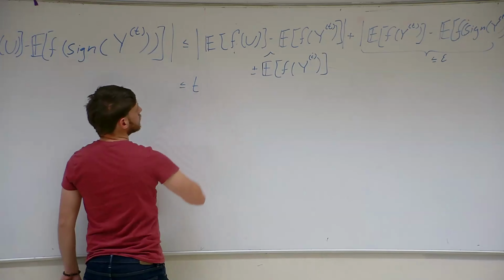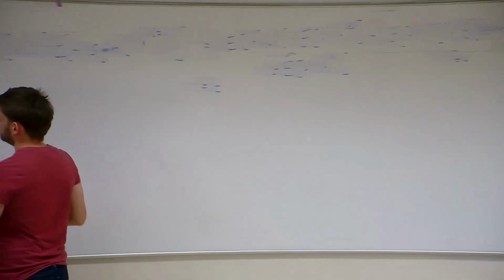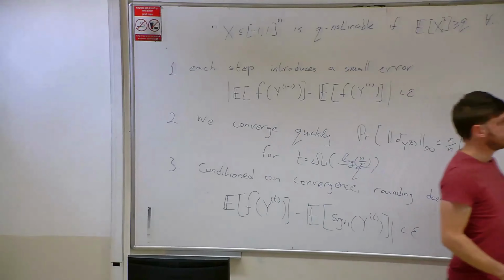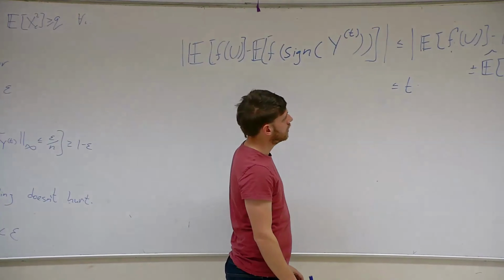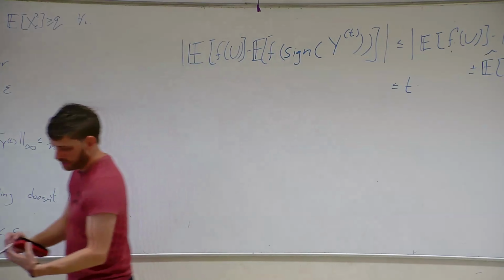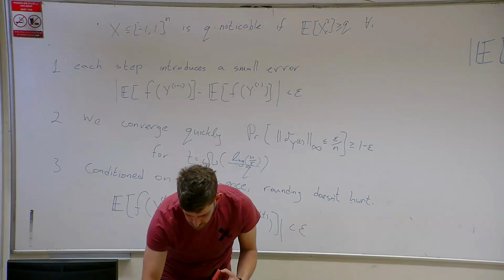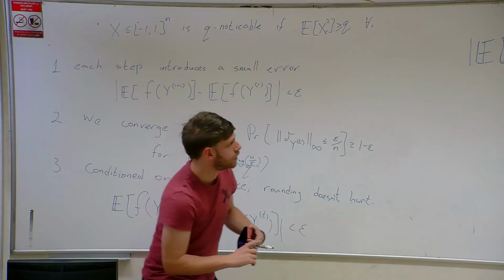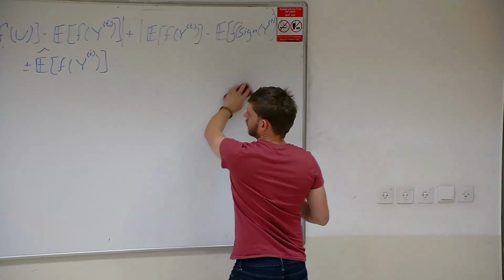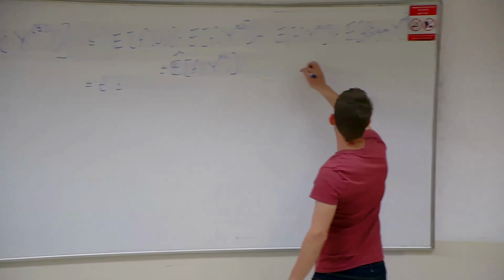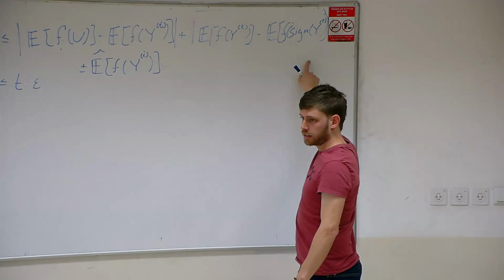So we have t steps, and in each step, we introduce an error of at most epsilon. What am I missing? Oh, so here. Okay, so this is true. This is at most t times epsilon, but here we need to condition on the convergence.